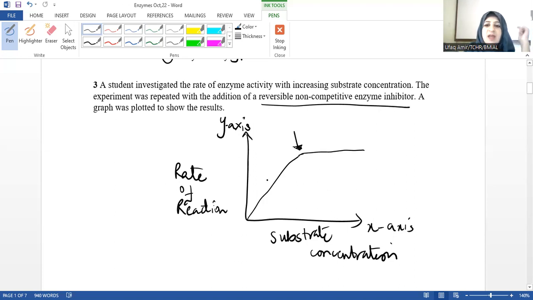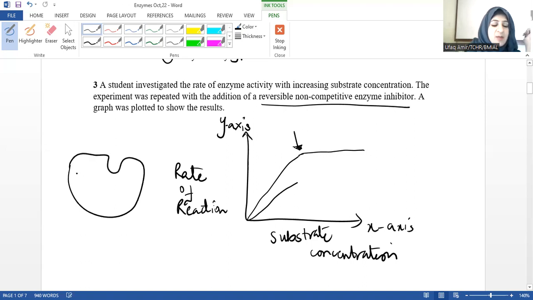If we add a non-competitive enzyme inhibitor to the reaction mixture, the reaction will be disturbed. Why? Because a non-competitive inhibitor doesn't attach to the active site; it attaches somewhere else on the enzyme.